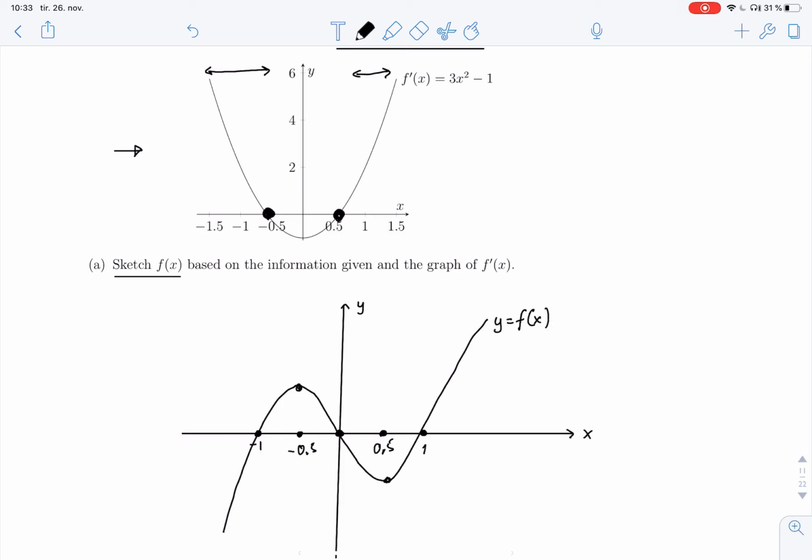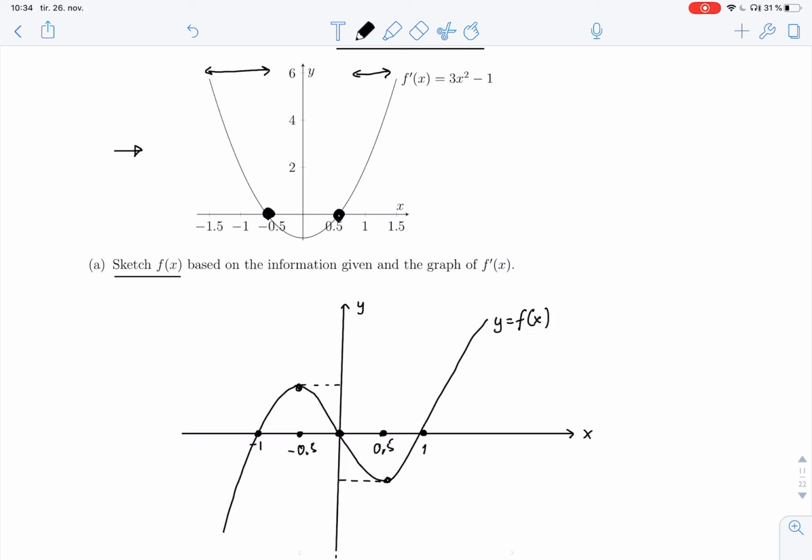All that is needed is a simple sketch showing the shape and the correct intersections of the x-axis. We don't really know where we are here at the top and bottom points, but there are a few things we need to make sure. Make sure you name your axis and your graph.